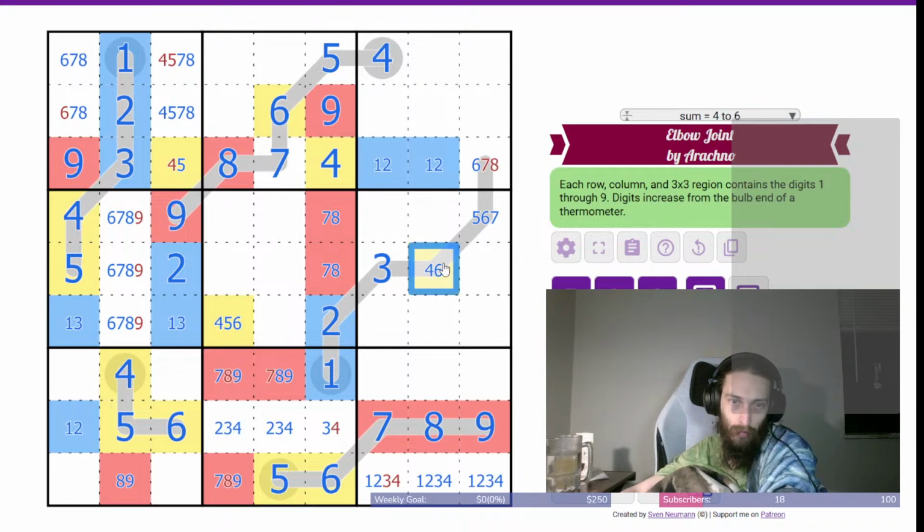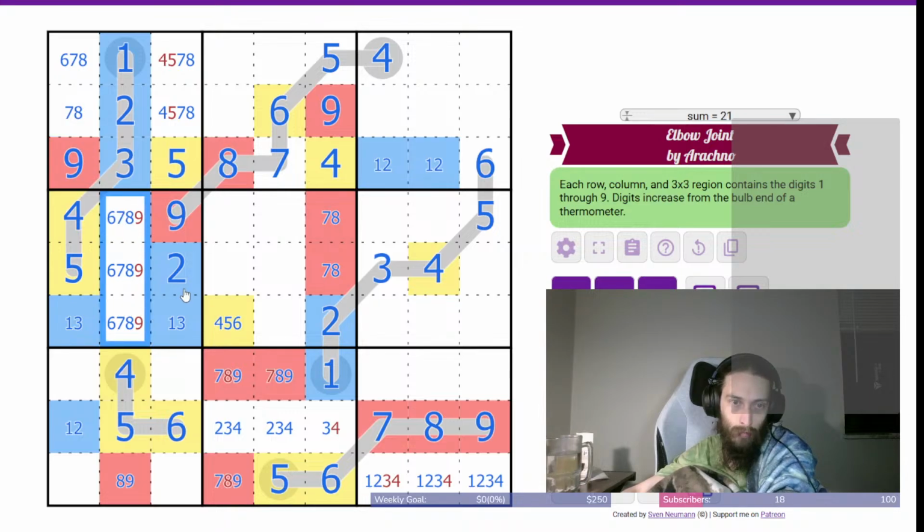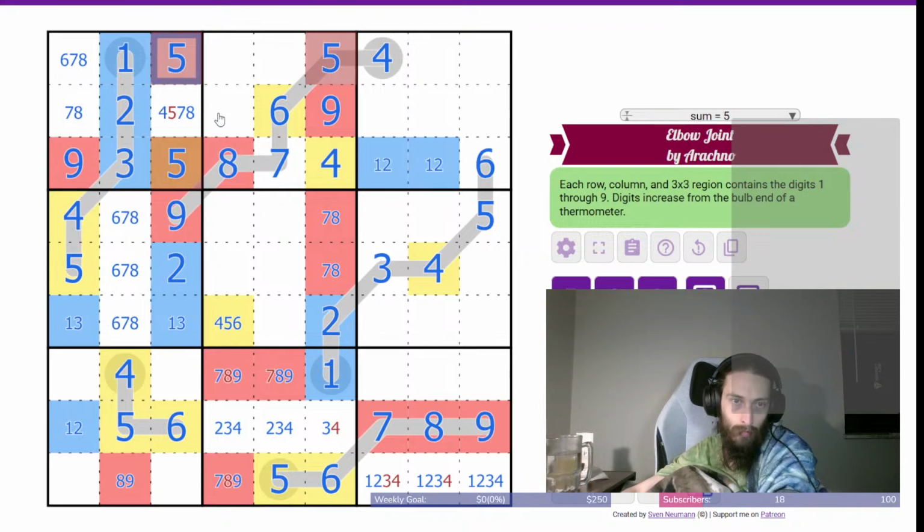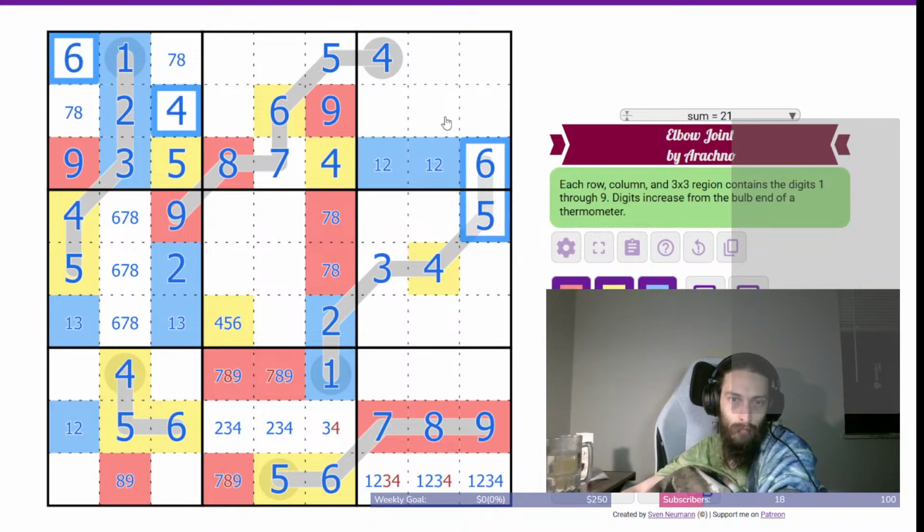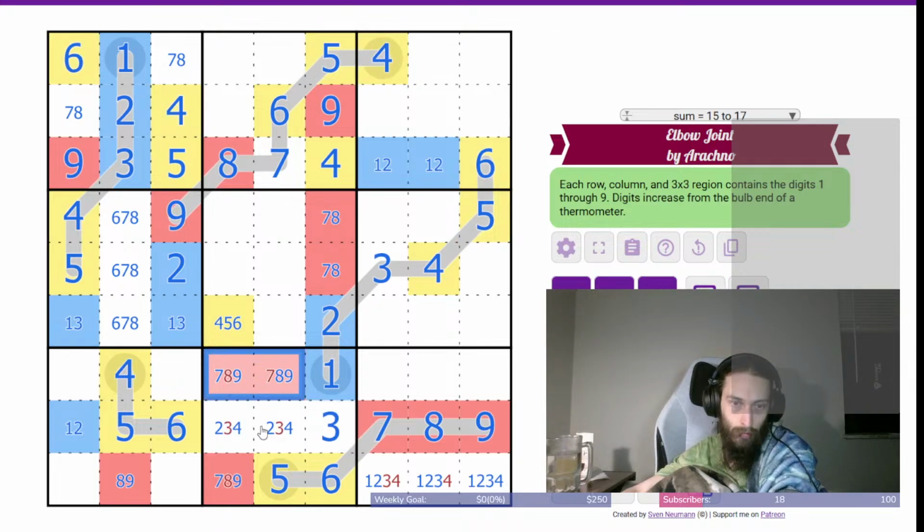If that's 6, this can't be 6 because that's a 6. 5, 4. So, those two are 8, so that is. These two are 3, 4.